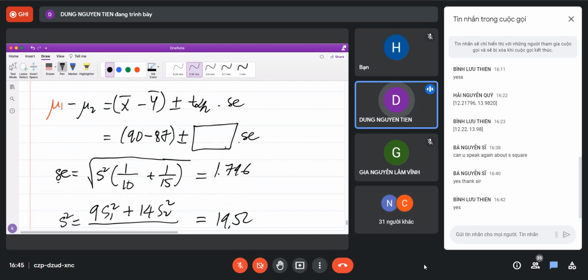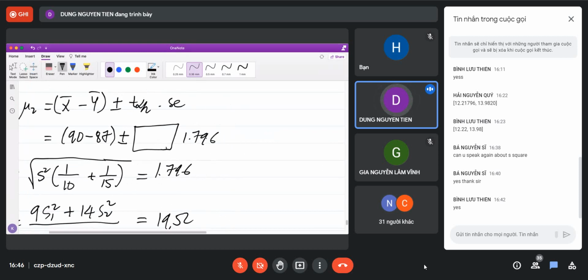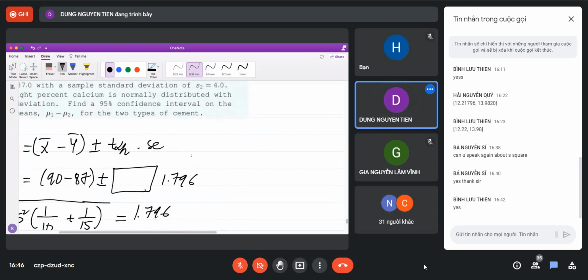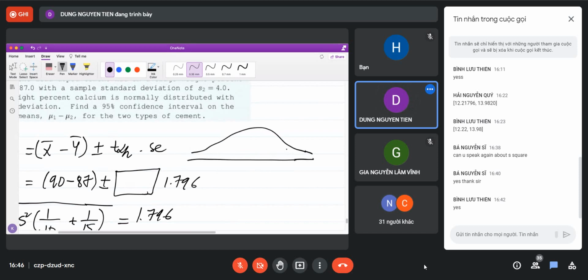So this becomes, I'm going to eliminate this one. We replace the standard error by 1.796, and the t value over here. What is that? In order to get the t value, you need to use the t distribution.